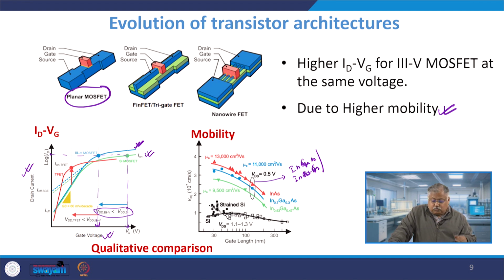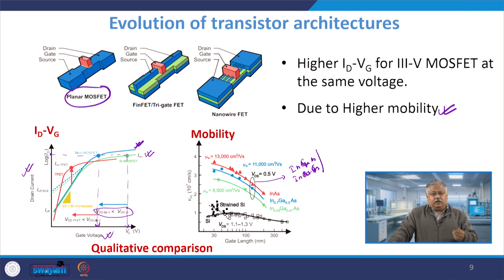Which means that as you move from a dual compound, indium arsenide, to a triple compound, which is a three element compound, the mobility starts to fall as you move ahead.